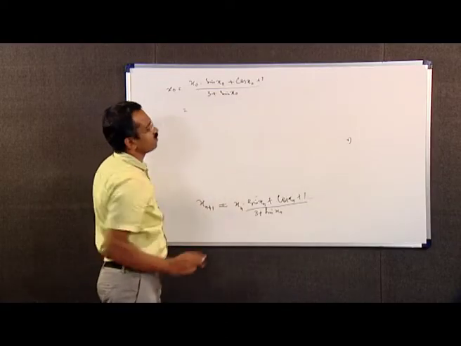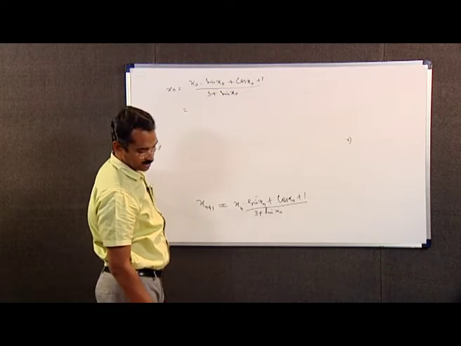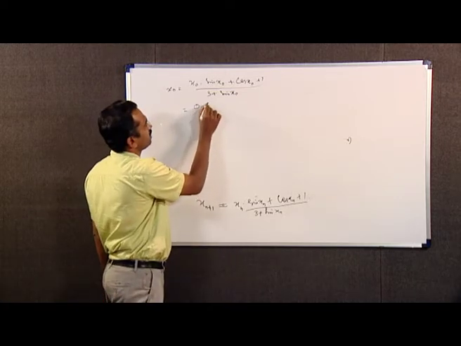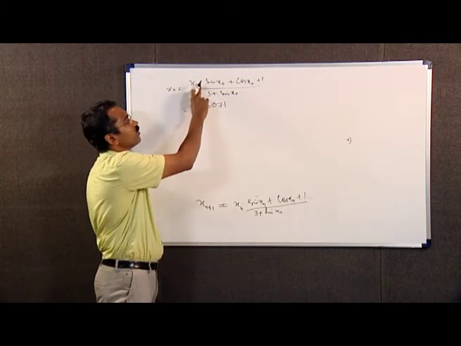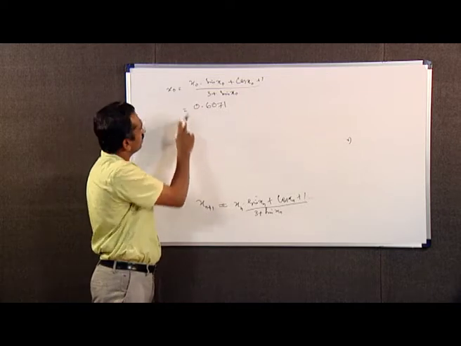On simplification, we will get x 1 as 0.6071.